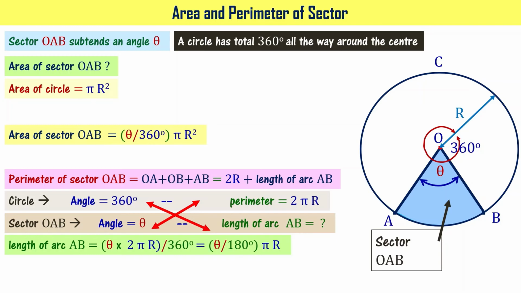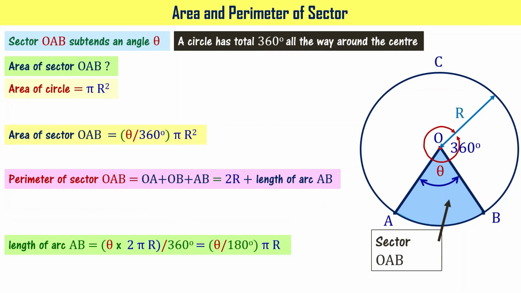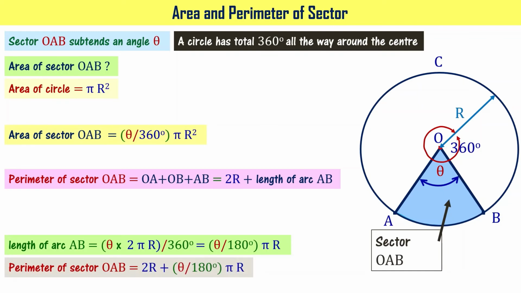That can be rearranged, simplified and written as theta by 180 degrees times pi r, right? Now, we can write perimeter of sector OAB as 2 times r plus theta by 180 degrees times pi r. Please note this formula.